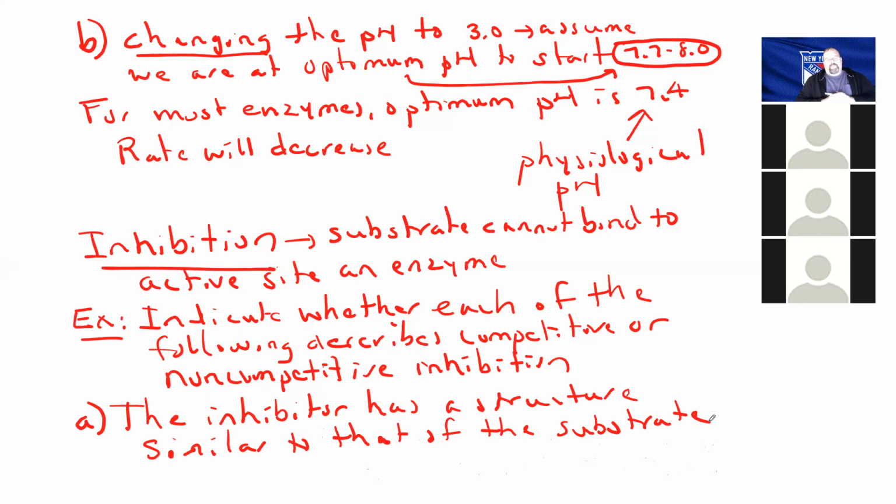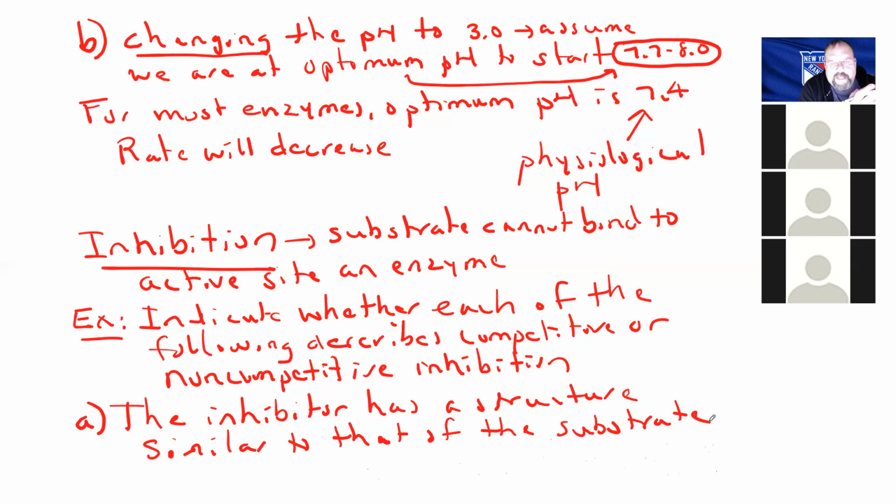Competitive inhibition, it's a race between the substrate molecules and the inhibitor molecules to get to the active site, because the shape of the substrate molecules and the shape of the inhibitor molecules are close enough to each other that the active site recognizes both.